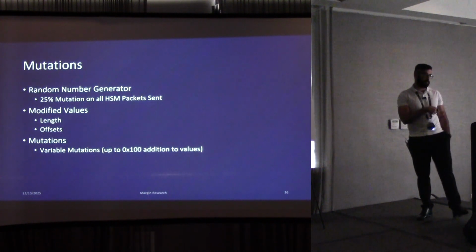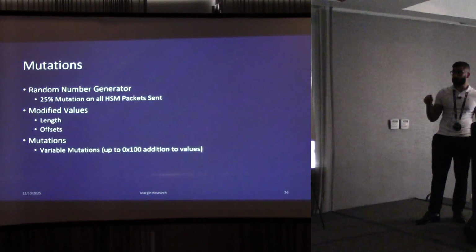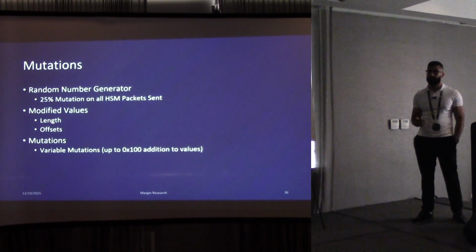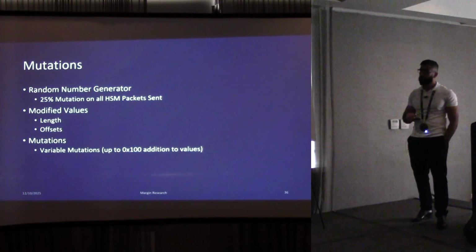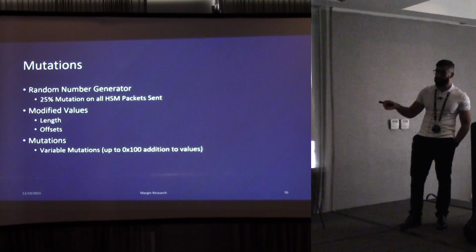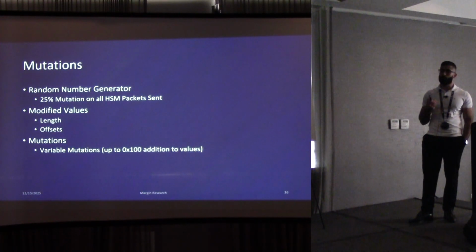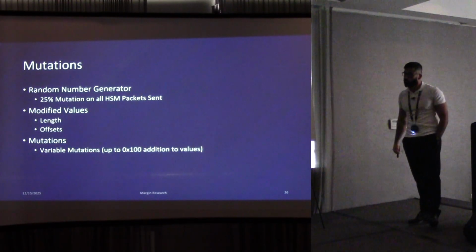Specifically, I was adding up to hex 100, and I was specifically mutating lengths and offsets. I thought those were interesting, just because of the documented bugs at the time, and as we will see later, this driver was and is historically susceptible to a lot of heap overflows and out-of-bounds bugs.